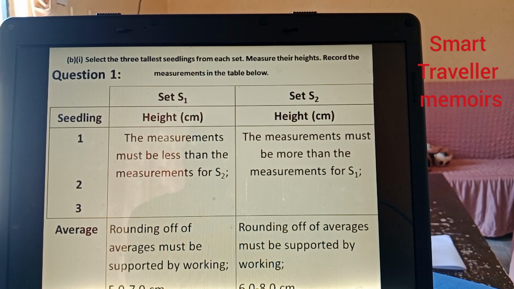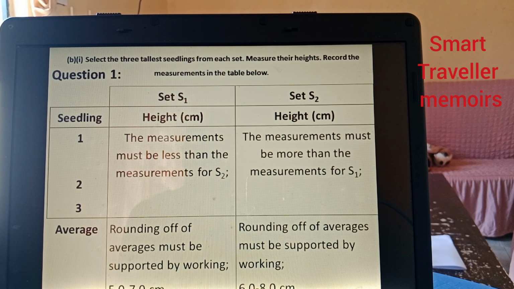So if the measurement of S1 is 3 centimeters, the measurement of S2 should be maybe 4. If you say 4, there you tick. But if somebody says 3 and the other side 2, then we mark wrong. So you make sure that the measurements of S1 are less than the measurements of S2 as far as light is concerned.